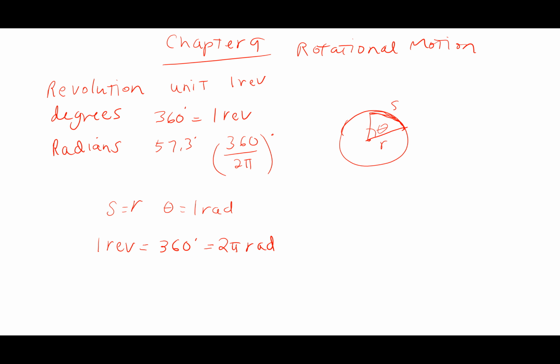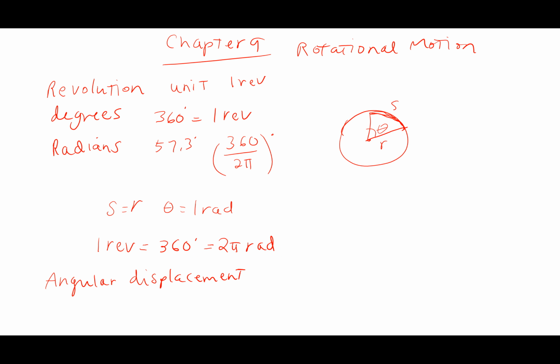Now another thing you might hear us talk about is angular displacement. It's the angle through which any point on a rotating body moves. Note that on any rotating body, all points on that body move through some angle in any given time. So that is angular displacement.